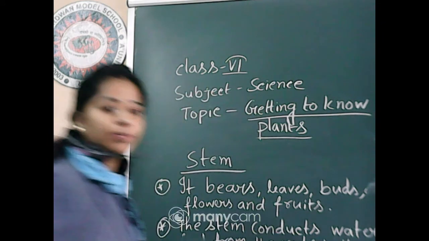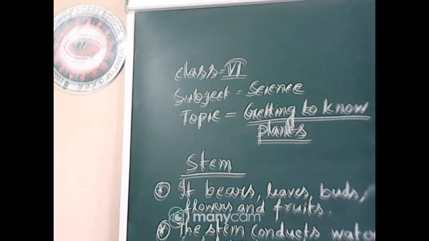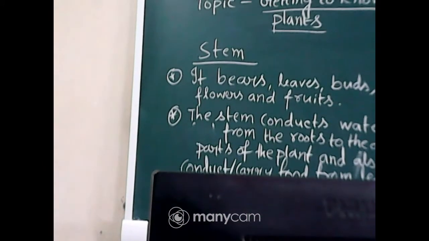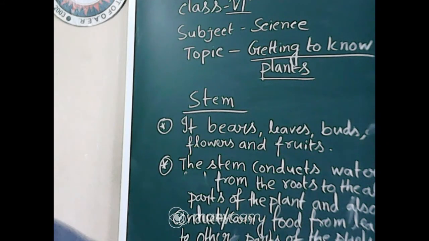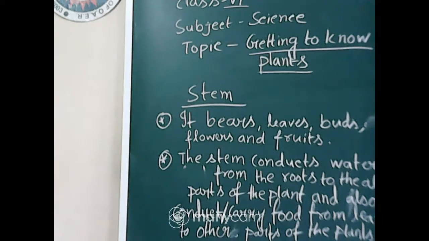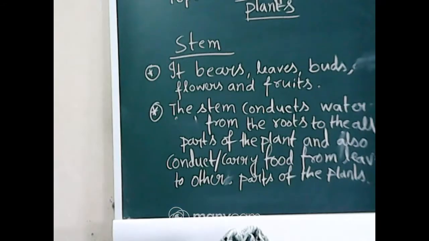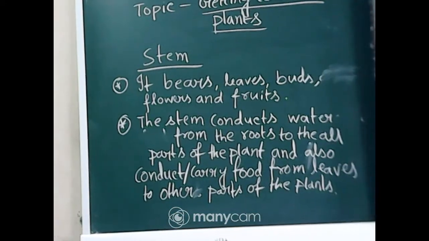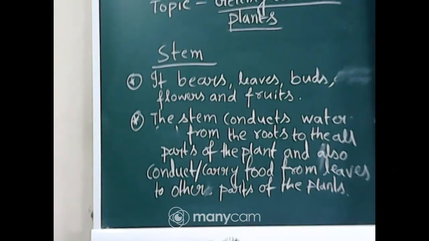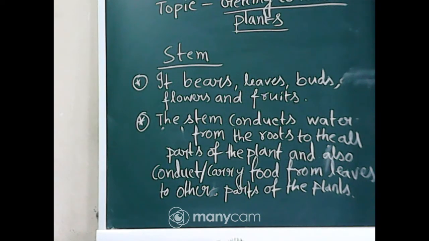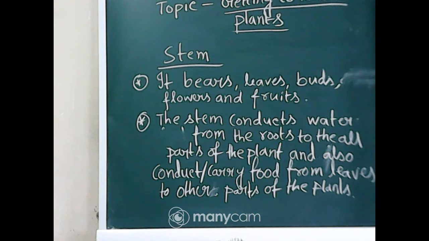Understood this point, everyone? Now is it visible to you everyone? Stem bears leaves, buds, flowers and fruits. Next, the stem conducts water from the roots to all parts of the plant and also conducts or carries food from leaves to other parts of the plant.